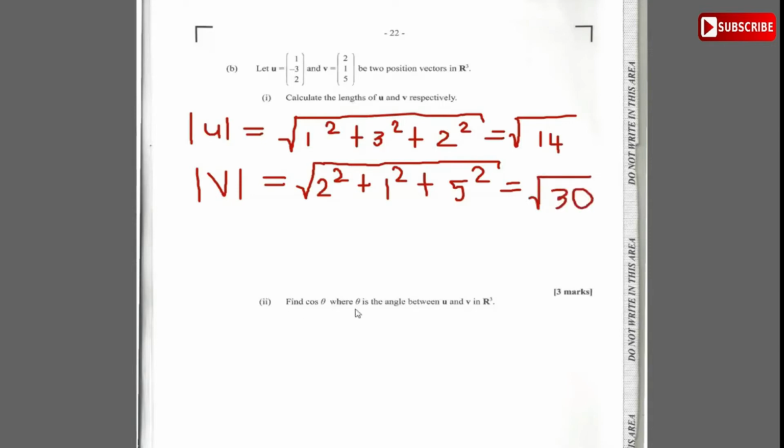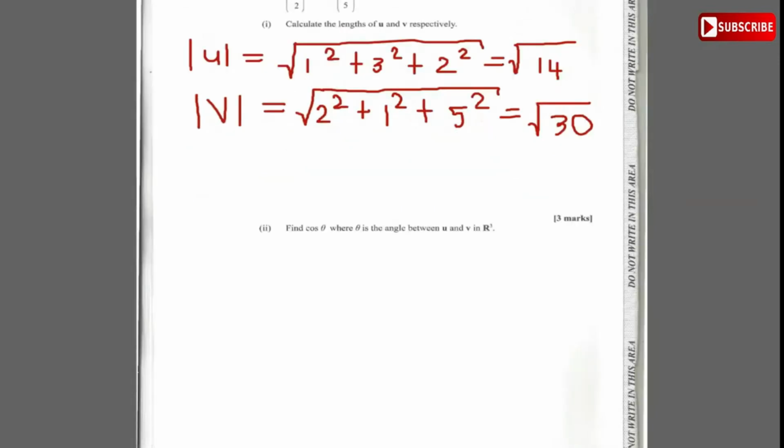It says find cos theta, where theta is the angle between u and v. So it doesn't want theta, it just wants cos theta.